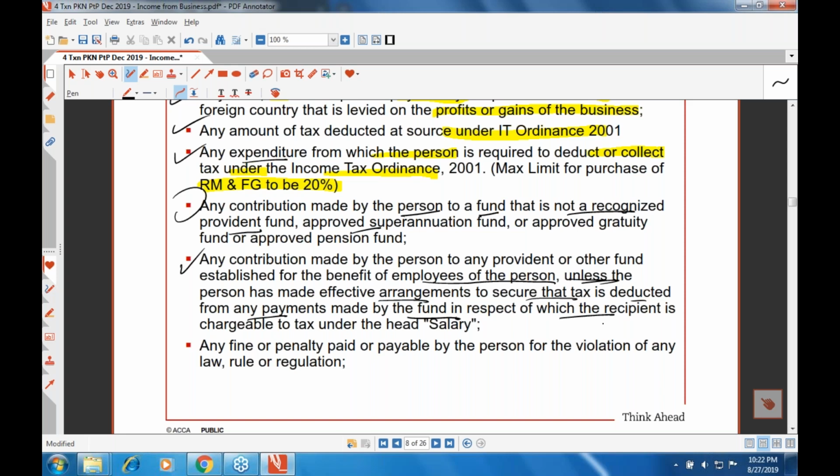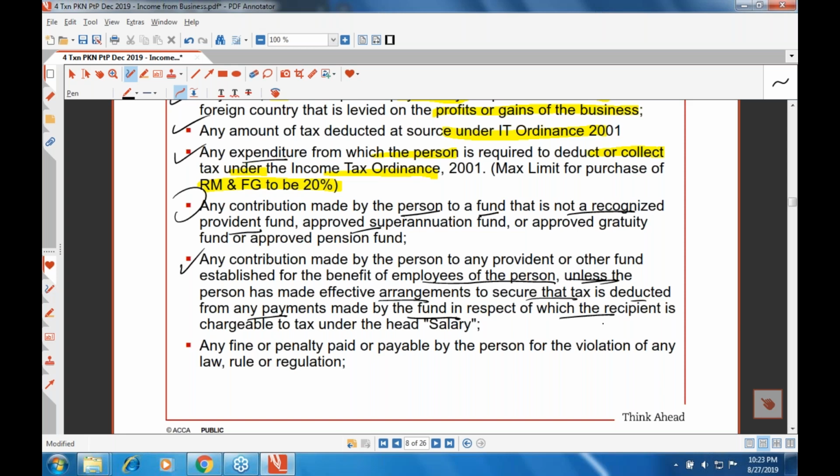I'm repeating it again. For example, the company has established the fund and the fund is not recognized. If the fund is not recognized, then what is actually going to happen? The payment made out of that fund to the employee, a tax should be imposed on that.